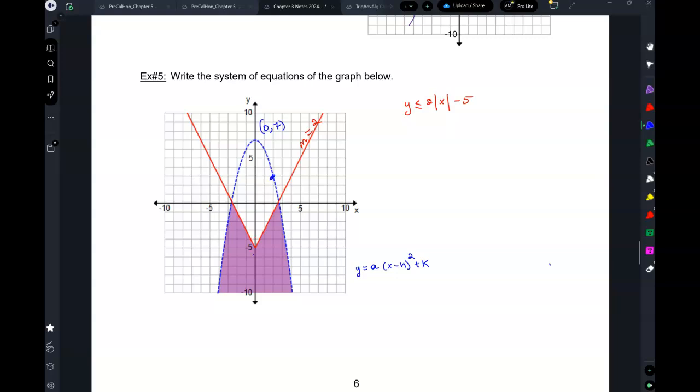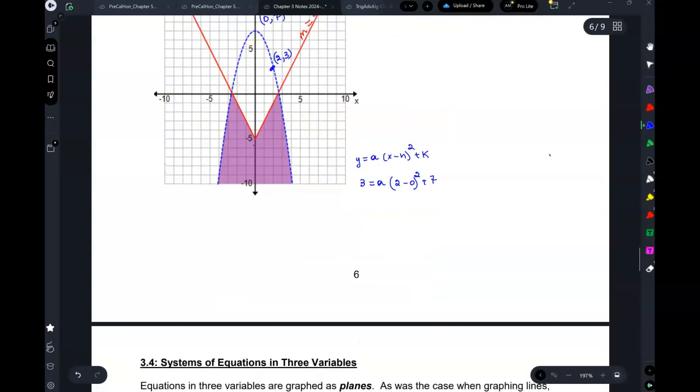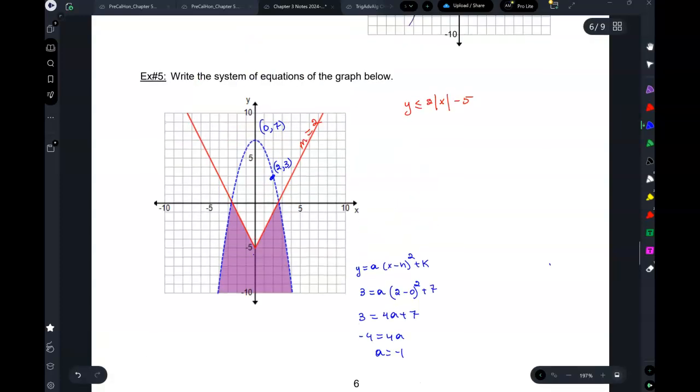So what about this one? Let's use this one, 2, 3. That's a good point. Okay, so 3 equals a times 2 minus 0 squared plus 7. So 3 equals 4a plus 7. Negative 4 equals 4a, and a is negative 1.